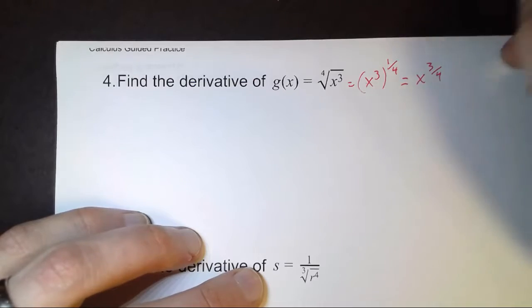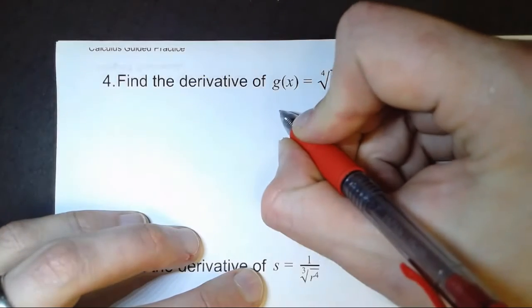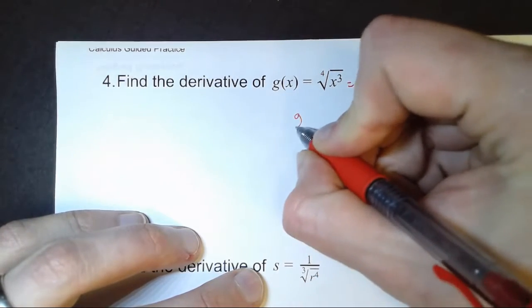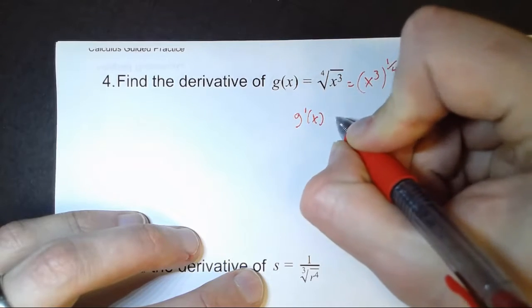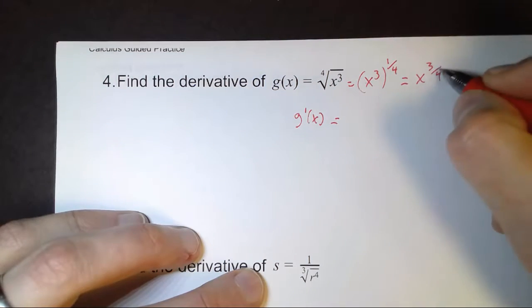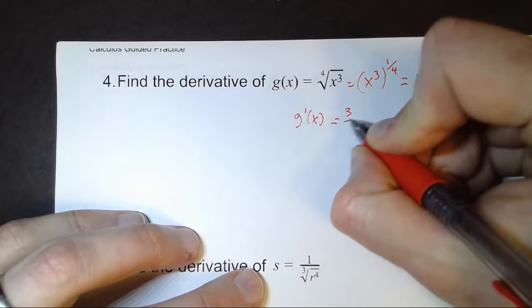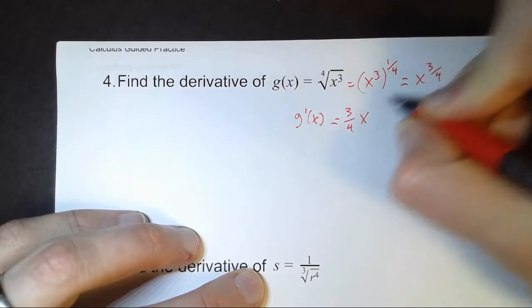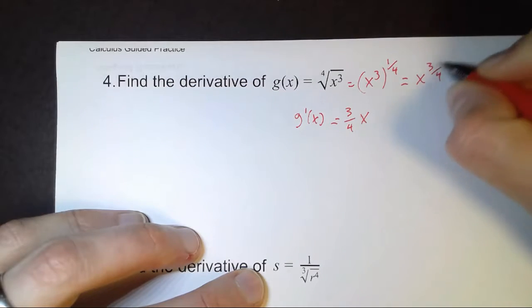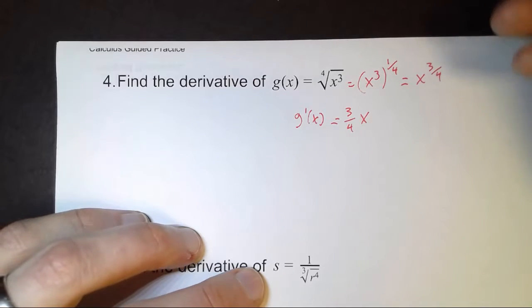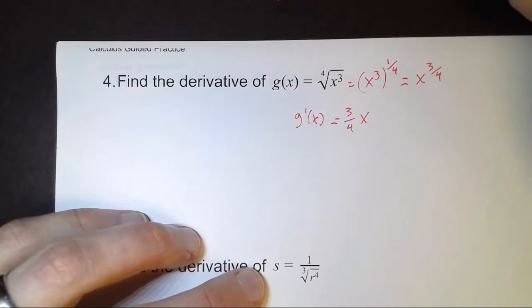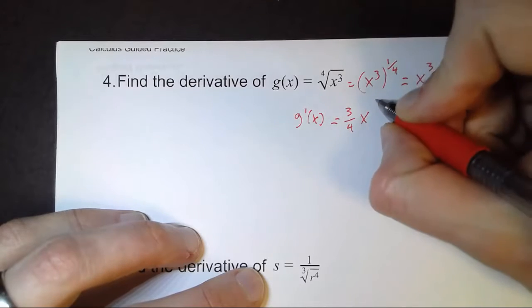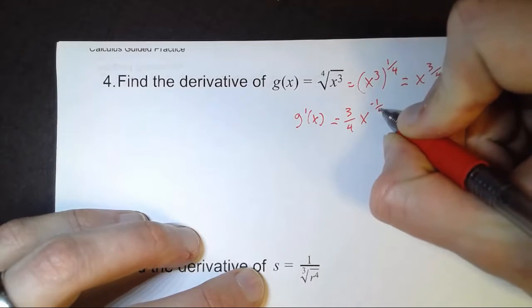So now, to apply power rule, our answer is going to be g prime of x equals, we're going to bring down the 3/4, and we're going to subtract 1 from this exponent. And so when we take 3/4 minus 1, that's the same as 3/4 minus 4/4, we get negative 1/4.